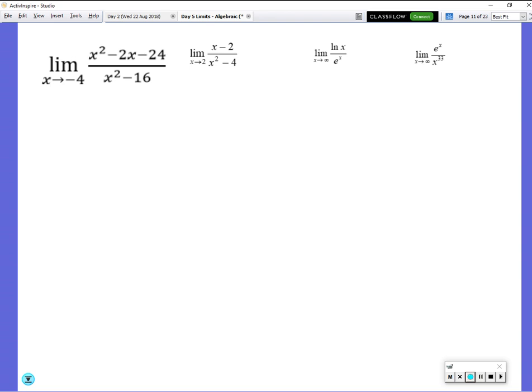The numerator is x squared minus 2x minus 24. The denominator is x squared minus 16. X is not approaching infinity, so I can't make easy comparisons between adding terms.